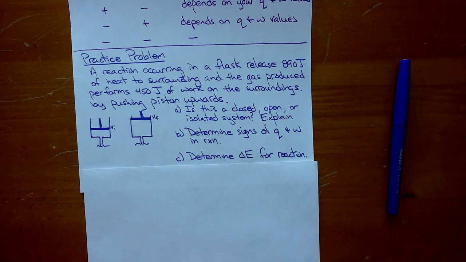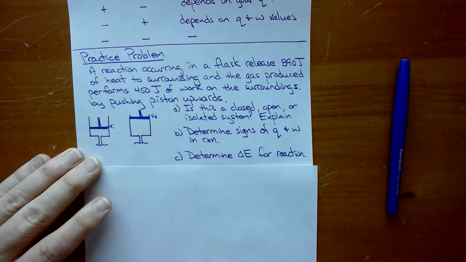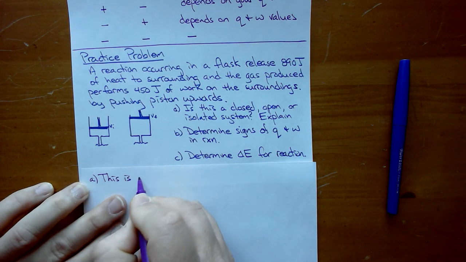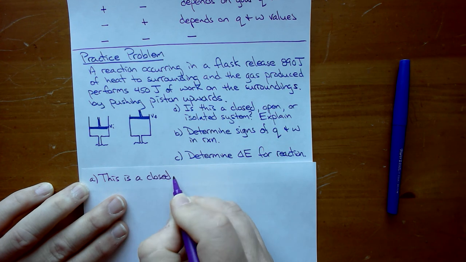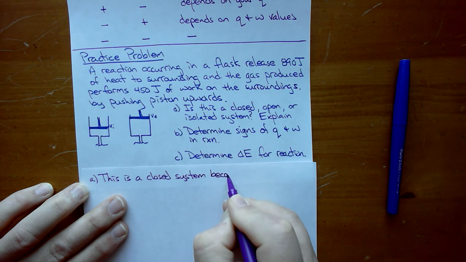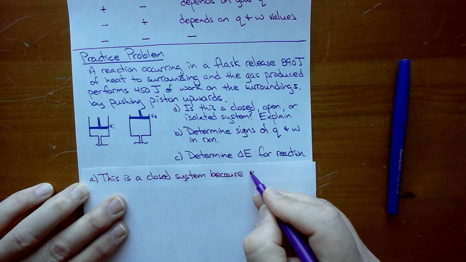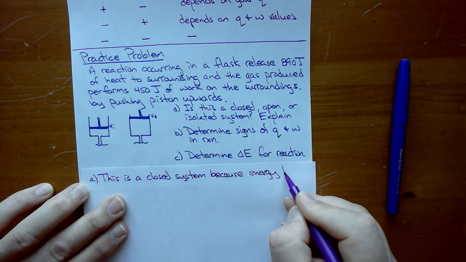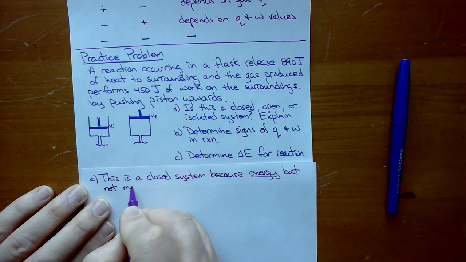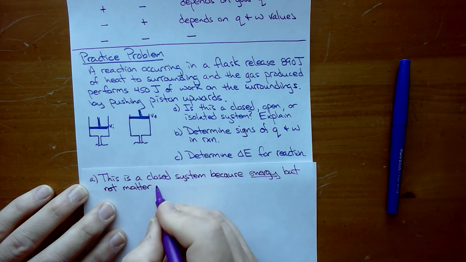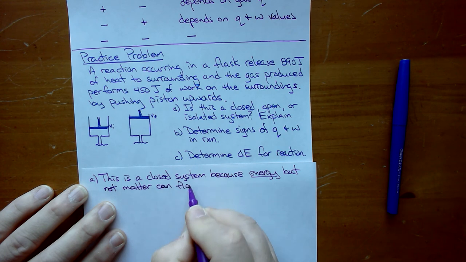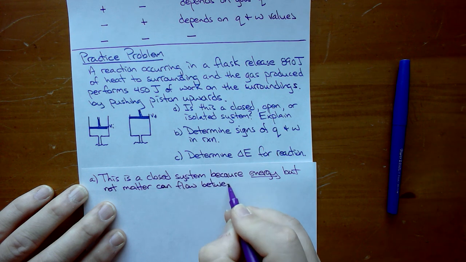So we say that this is a closed system, and explaining that, this is a closed system because energy but not matter can flow between system and surrounding.